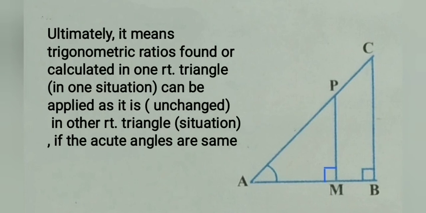Ultimately, it means trigonometric ratios calculated in one right triangle can be applied as they are in another right triangle if the acute angles are equal.